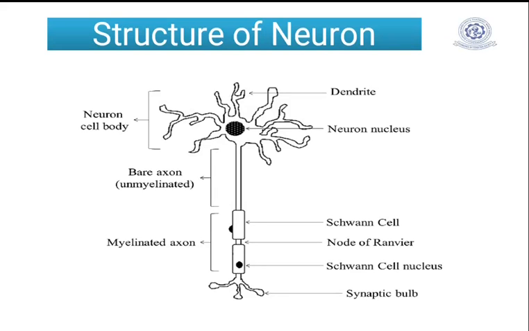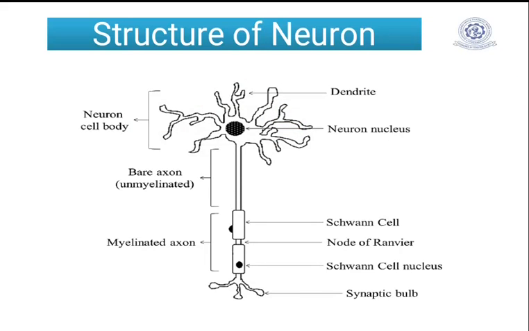Now, I am going to discuss in detail about the structure of the neuron. Neuron mainly consists of 3 parts. First one is dendrites, cell body, and axon. Dendrites are the branch-like structures coming out of the cell body.